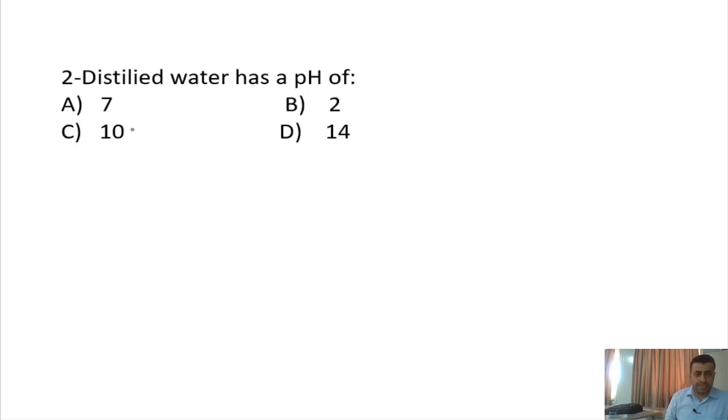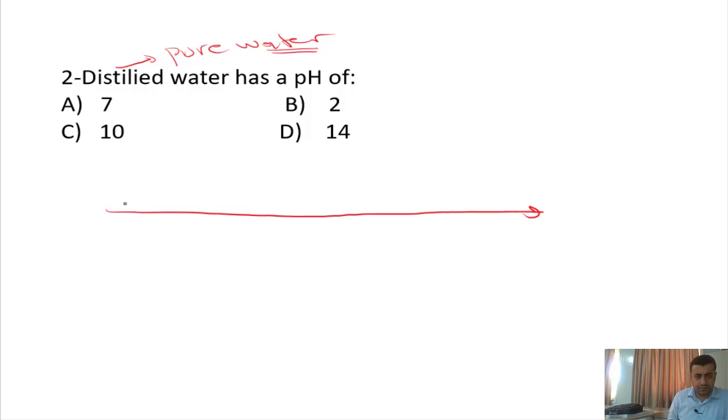Question 2. Distilled water has a pH of. That means this is going to be pure water. pH scale. Let us draw the pH scale. As you remember from chapter 13, section 3, this is 7. This is going to be neutral. Here 1, 2, 3, 4, 5, 6.